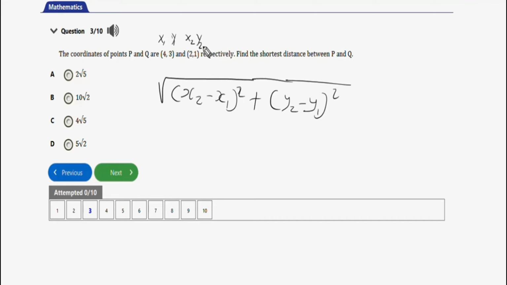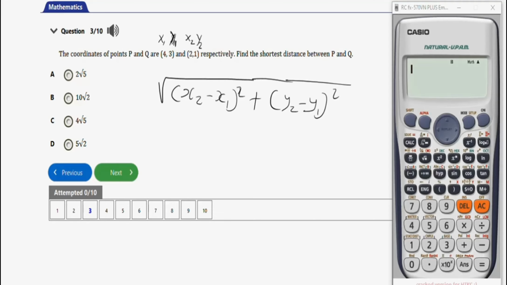So let's bring the calculator now and punch this. This is y1. So it will be square root of, in bracket, so our x2 is 2 minus our x1 is 4, close the bracket, square.